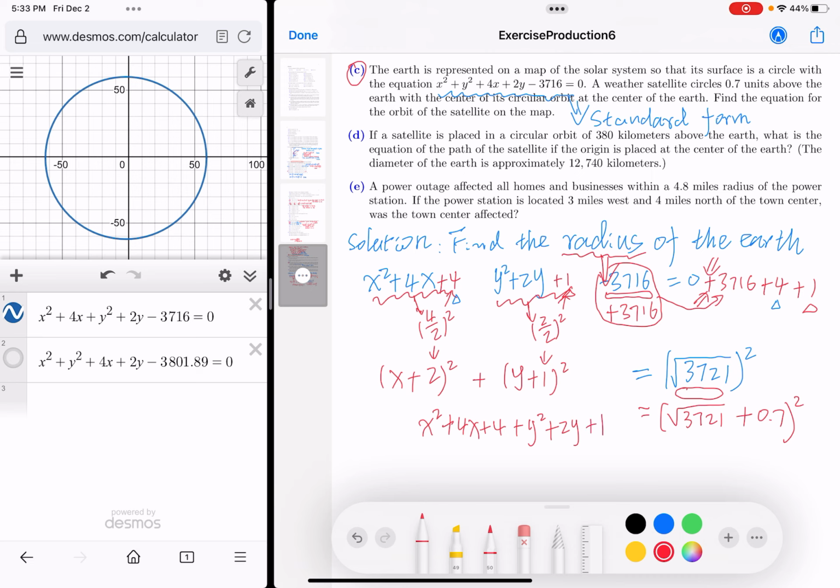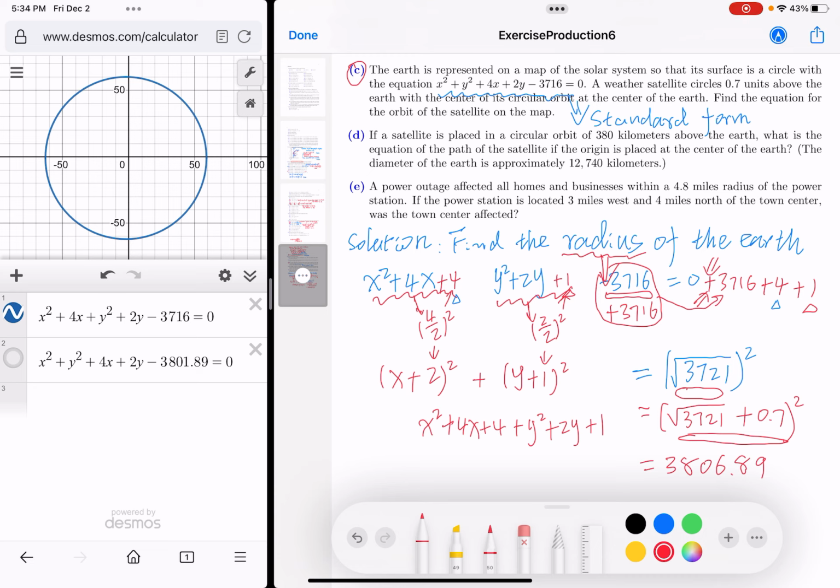You may find out this value by using your calculator. It will give you 3806.89.